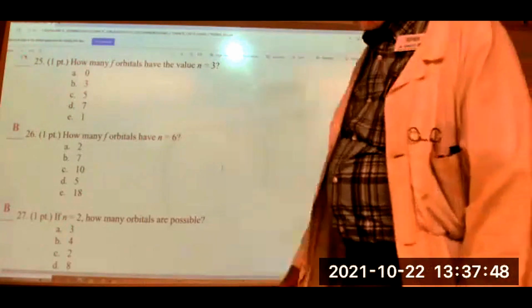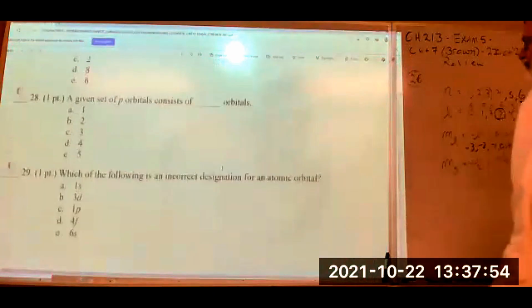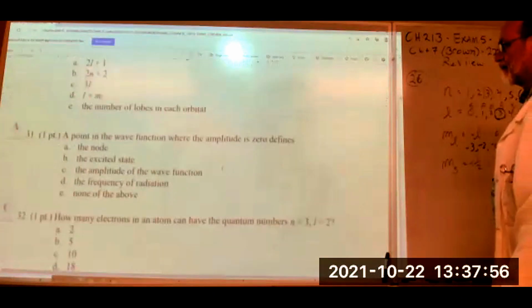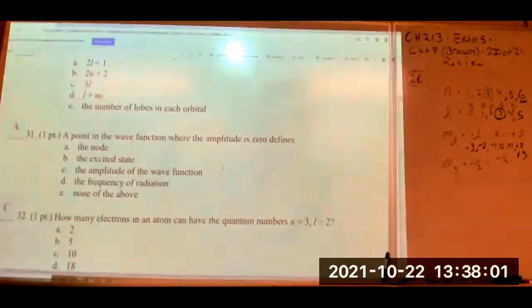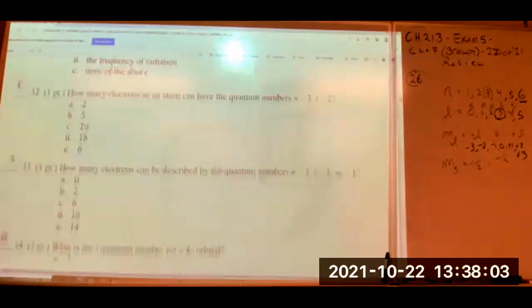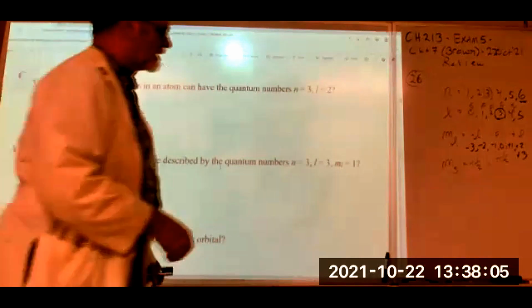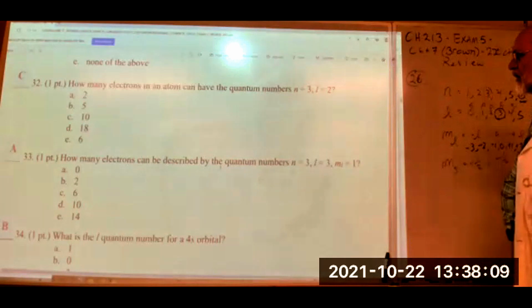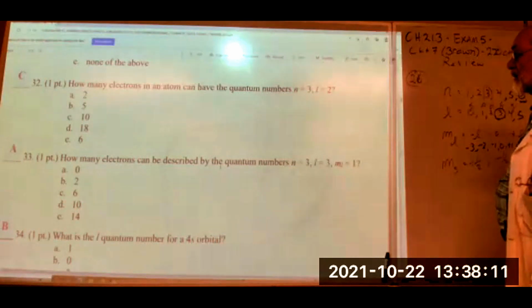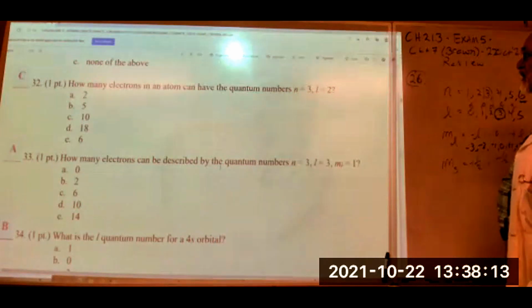Okay, 26, how about 32? How many electrons in an atom can have quantum numbers n equals 3, L equals 2?